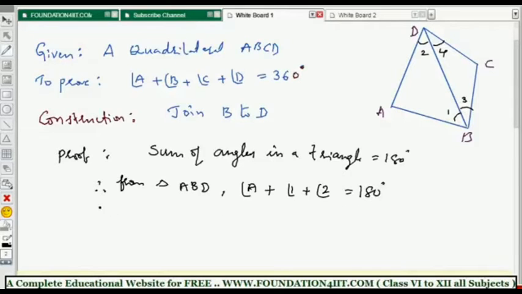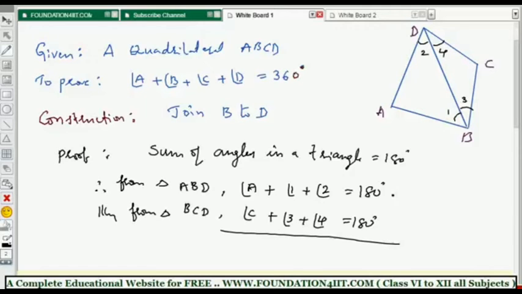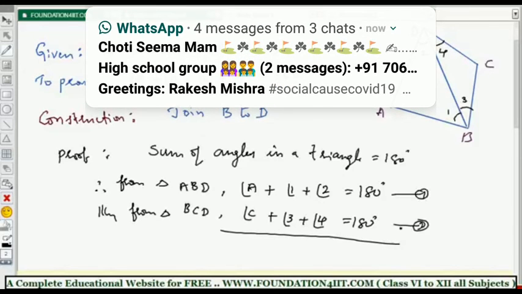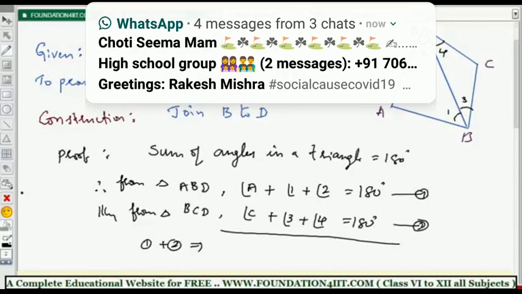And similarly, from the other one, BCD: angle C plus angle 3 plus angle 4 is equal to 180 degrees. And now I am adding both equations, the first and the second.